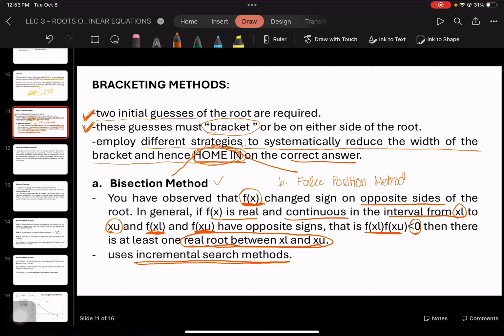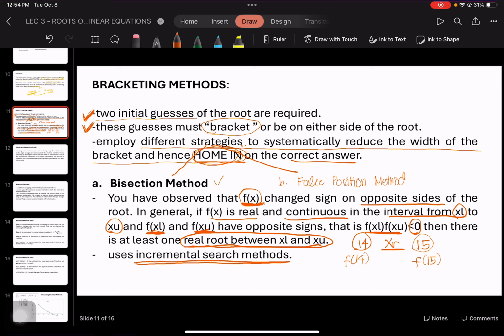So, tulad ng kanina nga, if you have determined yung 2 initial guess mo, naka-bracket, no? 14, 15, then somewhere here yung root. Now, if yung f of 14 at saka f of 15... Okay, paano natin masasabi na bracket talaga ni 14 at saka 15 yung root?